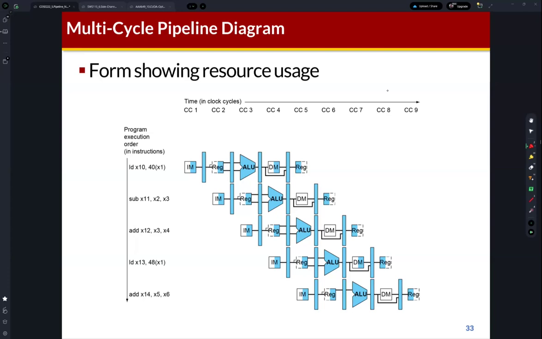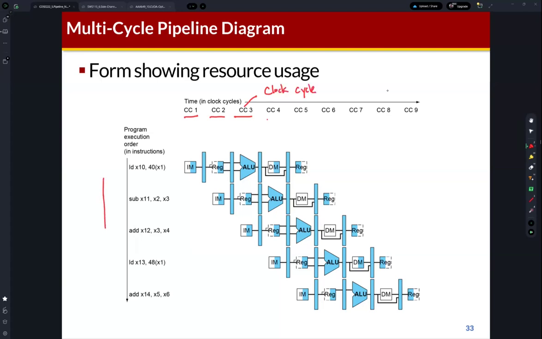Each instruction performs its required steps in the individual pipeline stage within one clock period. So we can represent the time as clock cycles, like CC1, CC2, CC3, and so on.